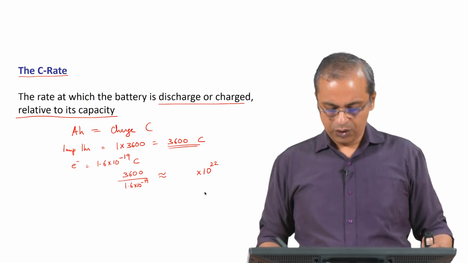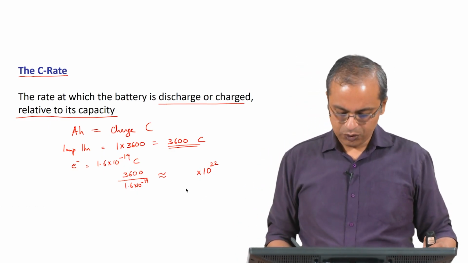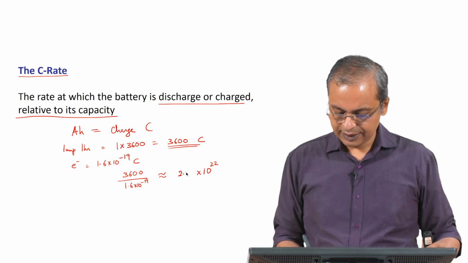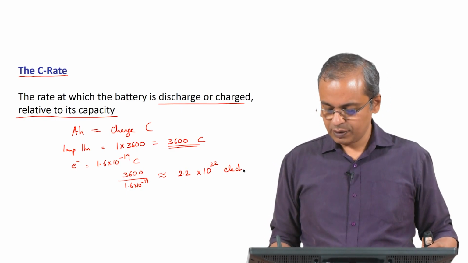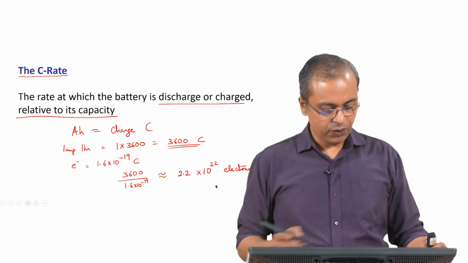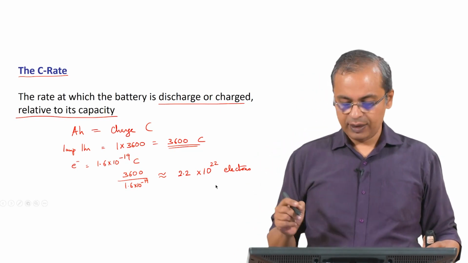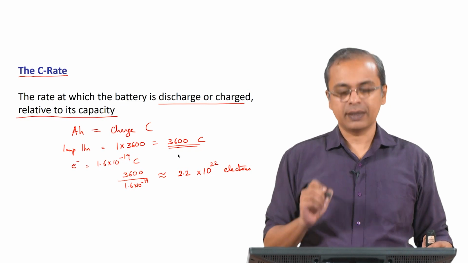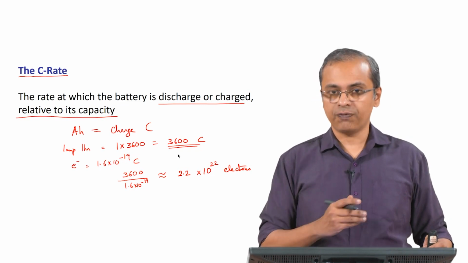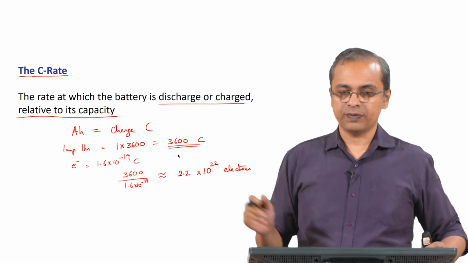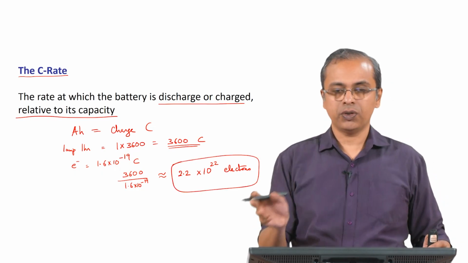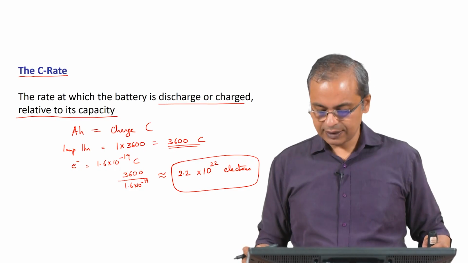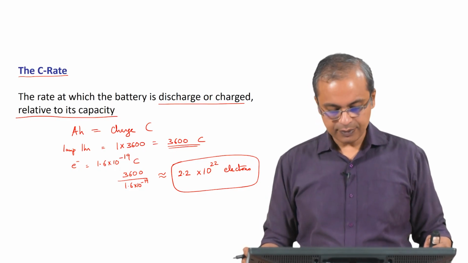So approximately 2.2 into 10 power 22 electrons. So when you have drawn 1 amp for 1 hour, you have consumed 3600 coulombs of charge, which corresponds to this many electrons having gone through your circuit between anode and cathode. Okay.